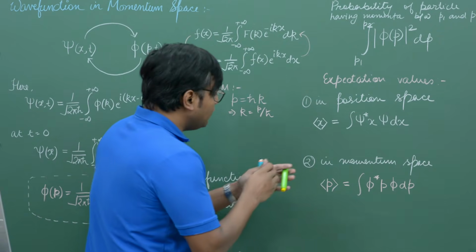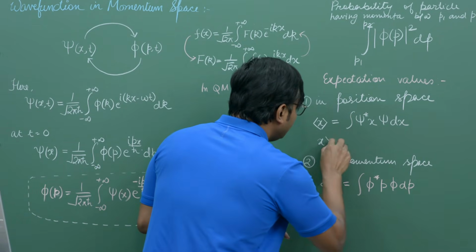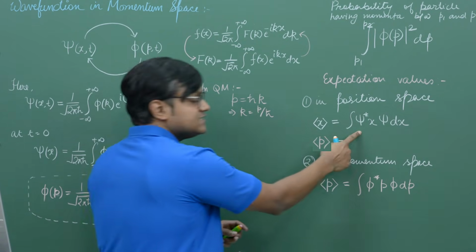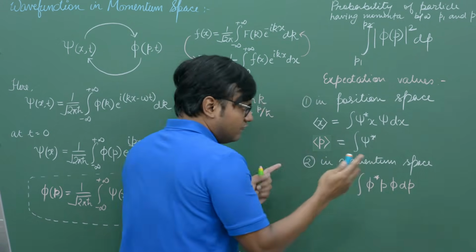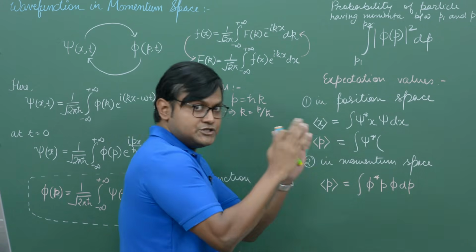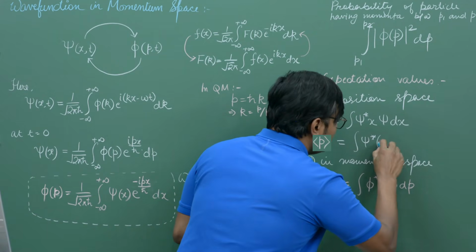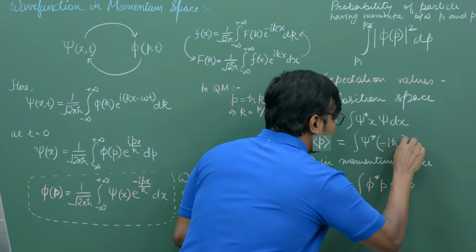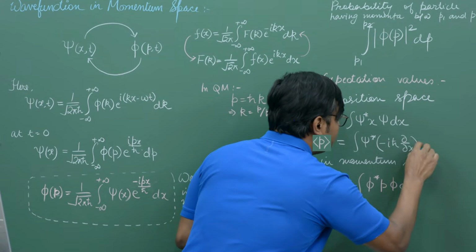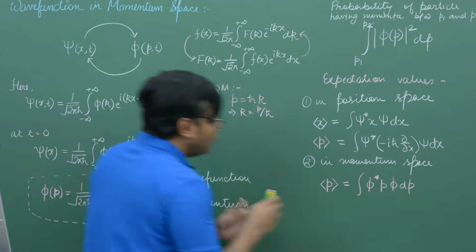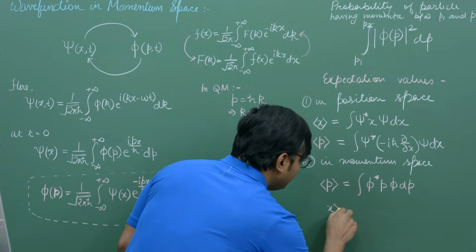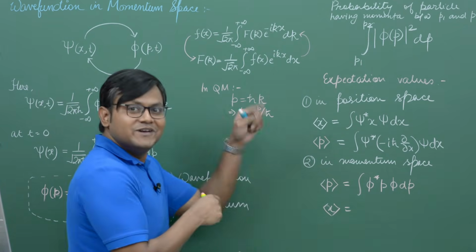Similarly, if I want to find out the average value of the momenta but using the psi, then what we do is we insert the operator of momenta, sandwich it between the wave functions: minus iota h cut del upon del x, psi dx, right? But in the momentum space, if I want to find out the expectation value of position, then we do the reverse.